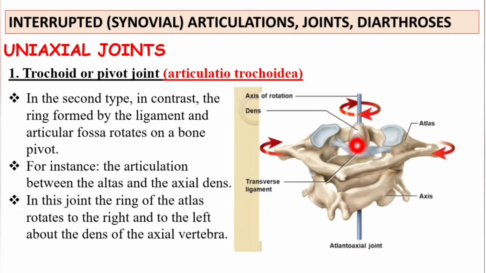In this joint, the ring of the atlas rotates to the right and to the left about the dens of the axial vertebra.